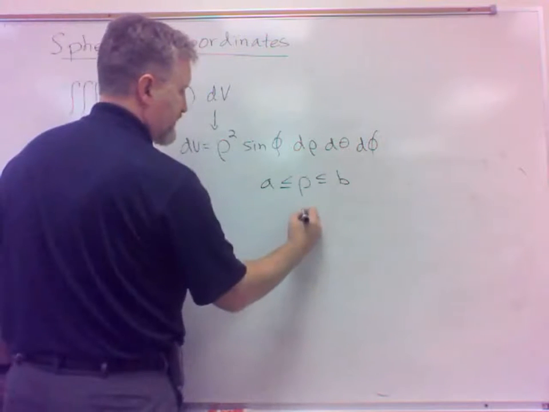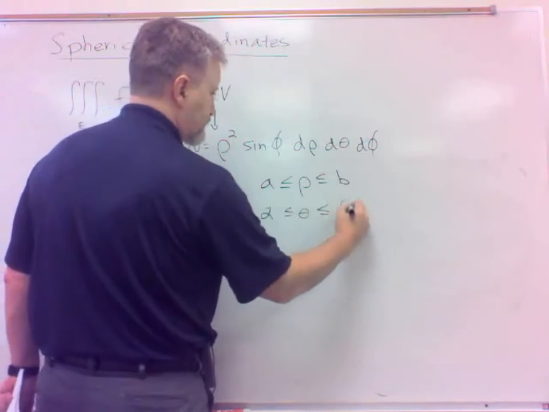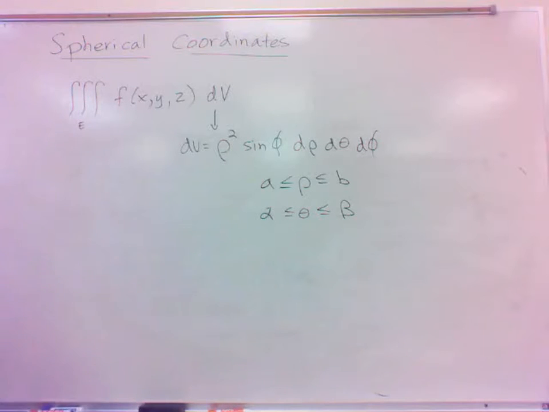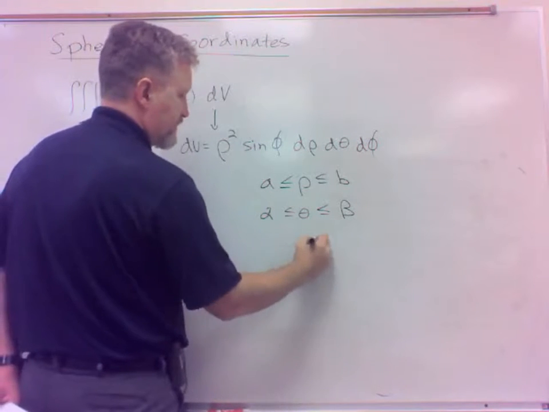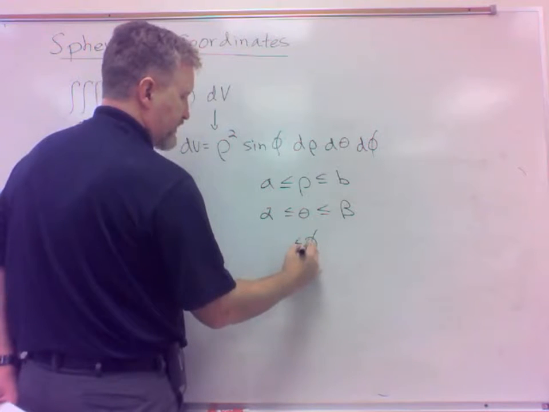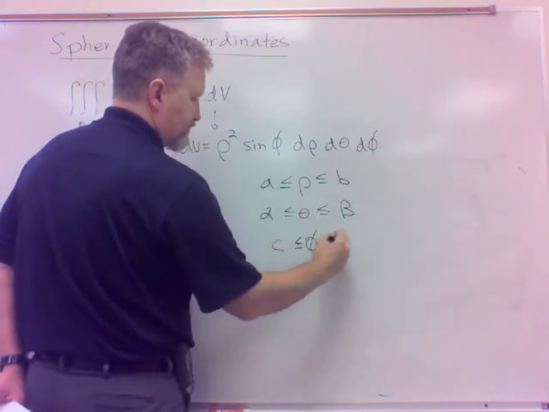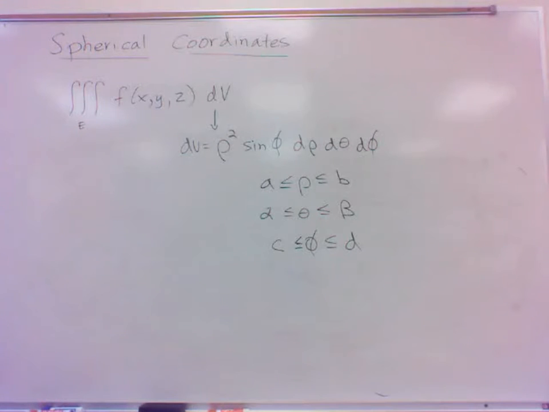And of course, theta, we usually rotate from alpha to beta, how much it changes in the xy plane, the angle there. And then phi is also going to range between two angles. I believe this book calls it C to D. Gamma to delta, I think, in some places.